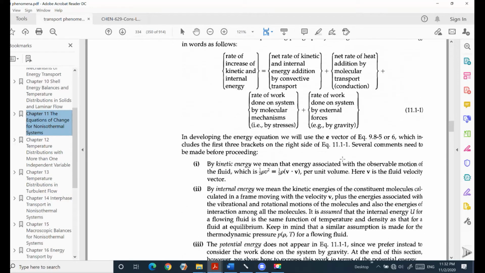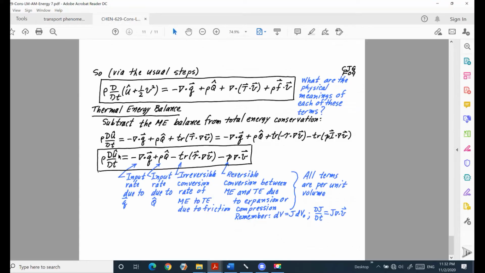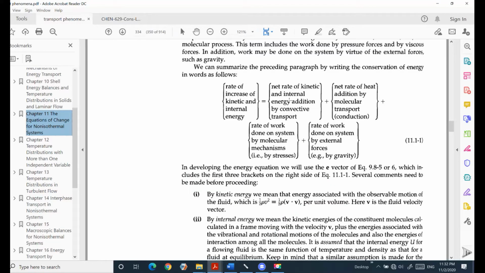If we go to chapter 11, for the derivation of the total energy, what we obtain on the left side is the rate of increase of the kinetic and internal energy, the summation of these two terms. As the first term, we obtain the net rate of kinetic and internal energy addition by convective transport. In the slides, we just put this term inside the substantial derivative.